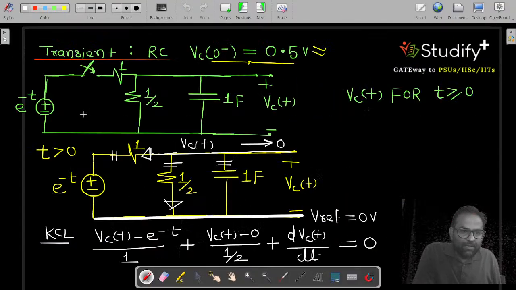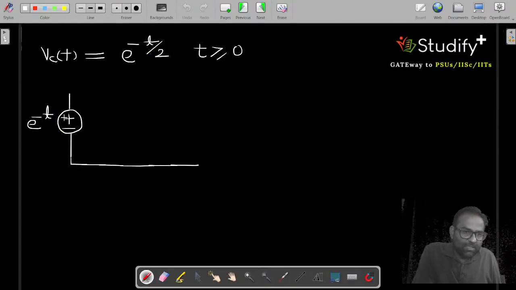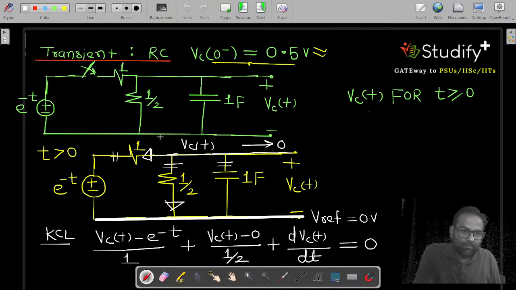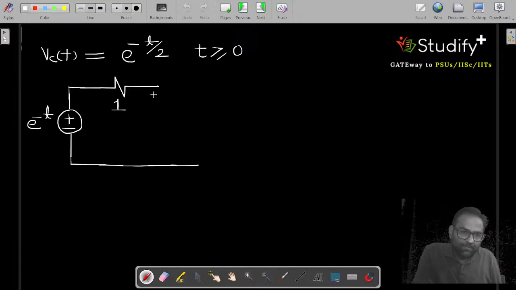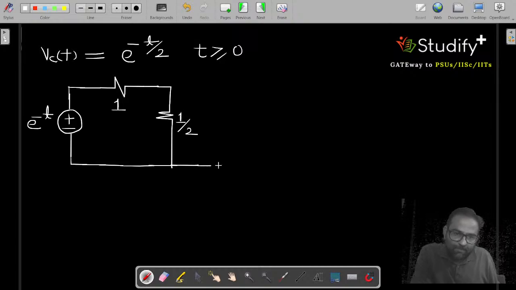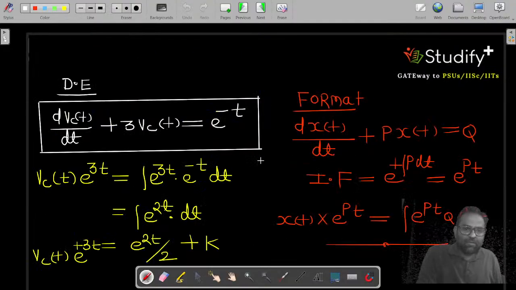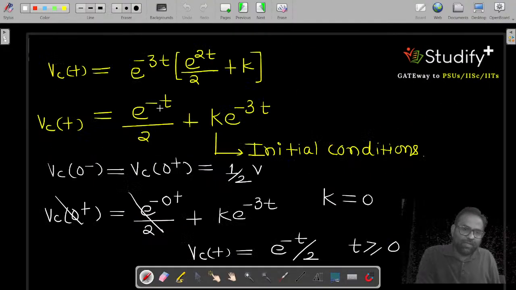Then we are having 1 ohm resistance. Then we are having 1 by 2 ohm resistance. Then we are having 1 farad capacitor.